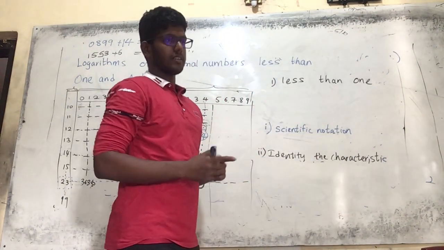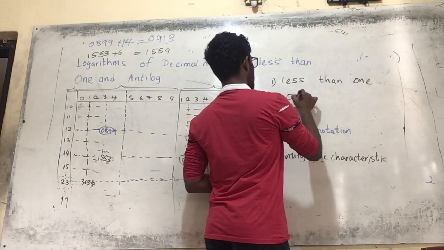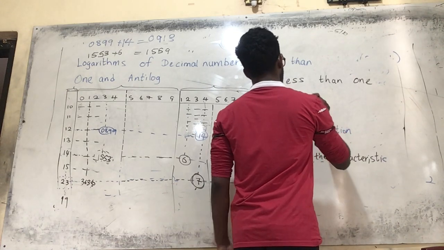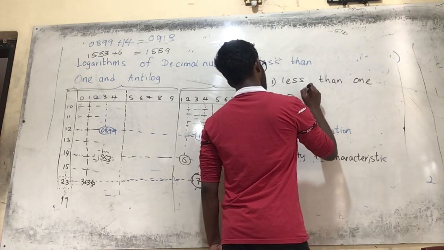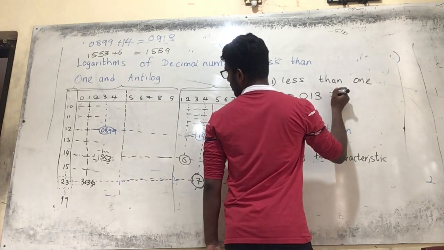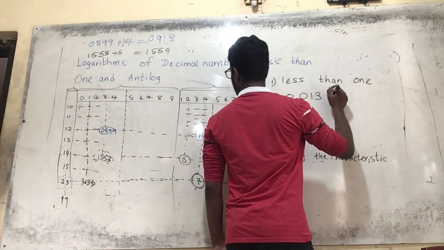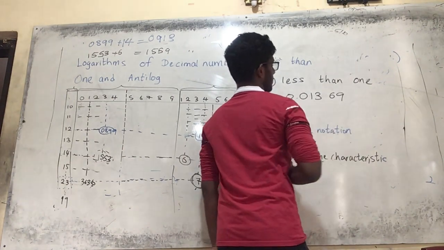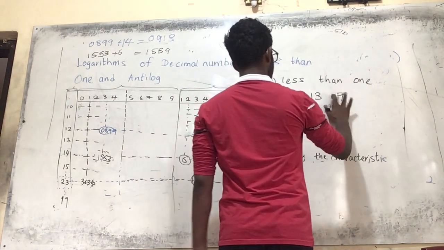I will write 0 point 0, 1, 3, 6, 9. Right? 0.01369.